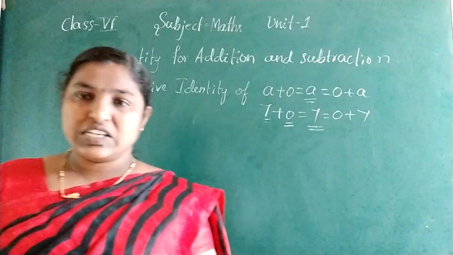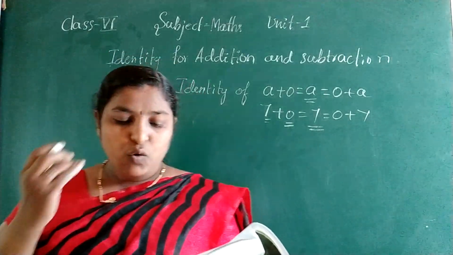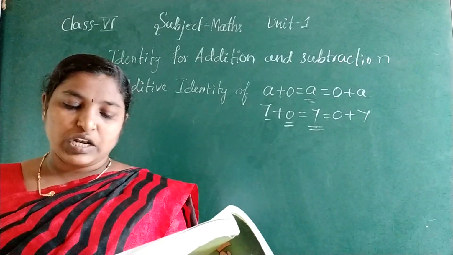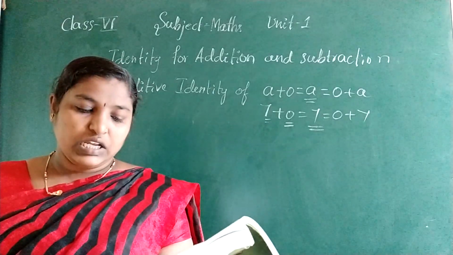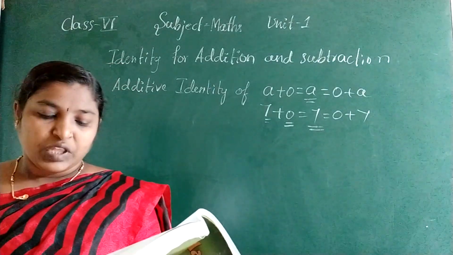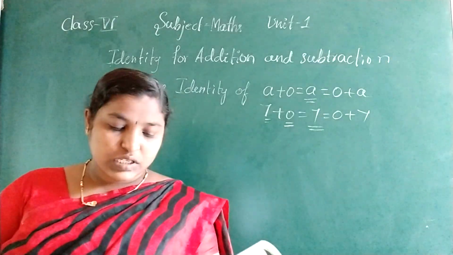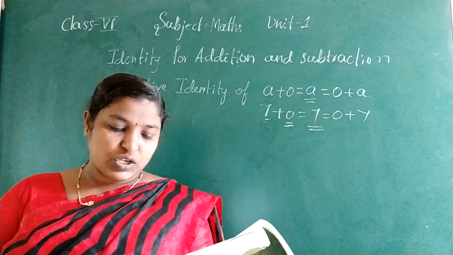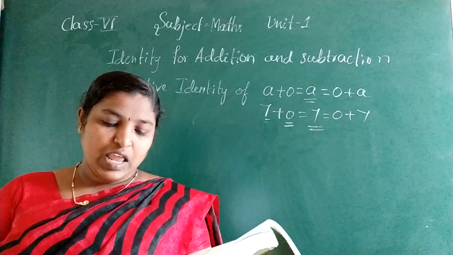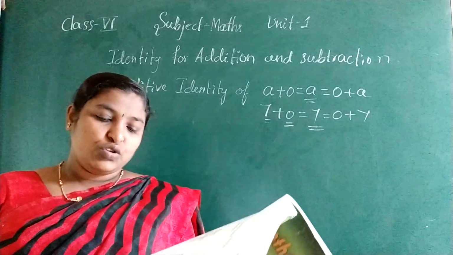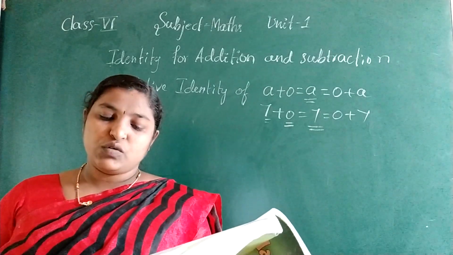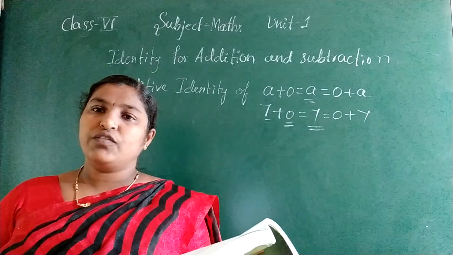Now read the textbook. How is the collection of whole numbers different from the collection of natural numbers? It is just the presence of 0 in the collection of whole numbers. This number 0 has a special role in addition. The following table will help you guess the role. 7 plus 0 is equal to 7, 5 plus 0 is equal to 5, 0 plus 15 is equal to 15.